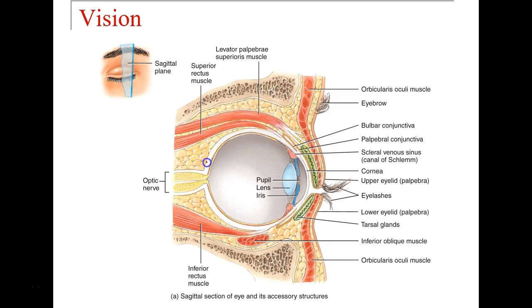Here, now that we know the white is the sclera, as we move to the anterior of the eye, it becomes the cornea, which protrudes anteriorly, and then back to the sclera. Just internal to the sclera is the vascular layer, and then the iris is the colored portion of the eye. The ciliary body is found there.